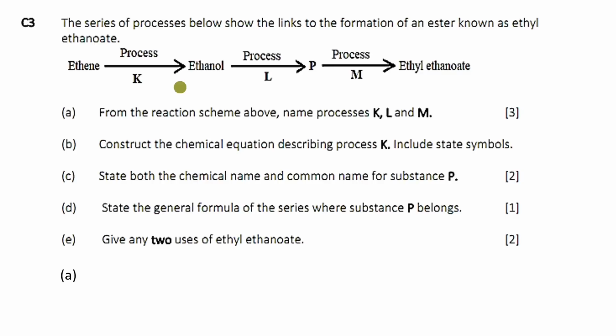Then, if ethanol undergoes a certain process to form P, that P again forms ethyl ethanoate, it would undergo a process of oxidation where ethanol becomes an acid, ethanoic acid.